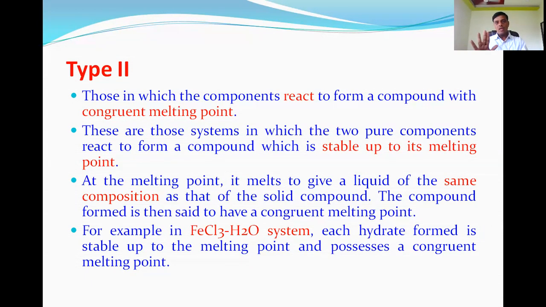Now in such cases, three types of compounds are present in the system. Initially, before mixing, A and B; when they mix together, they react with each other and form a new compound with a congruent melting point.